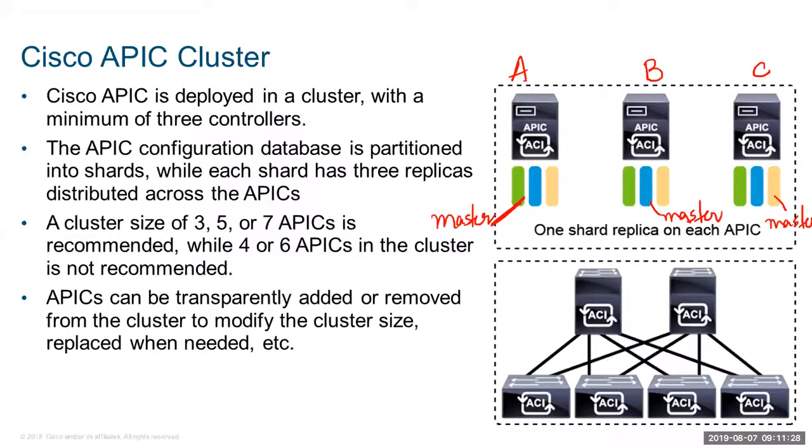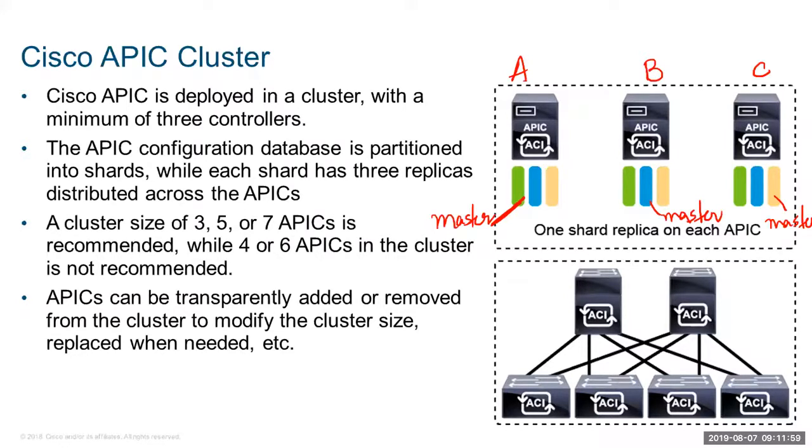If you set it as 3, you'll have to actually expand the size. There is an option to expand the cluster size. Okay, as long as it's within the boundaries set by Cisco's particular version, you can expand, you can add, but you'll be adding them sequentially. So if I had 3 and then I want to expand it, I would make it 5. So I would add, after 3, the next server that gets added would be the APIC 4, and then the next one would be the 5th one.